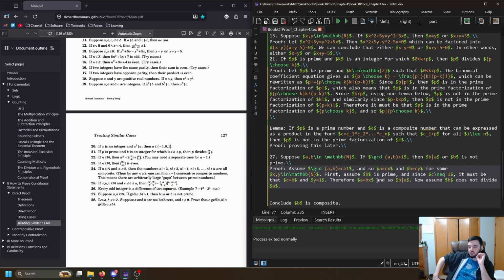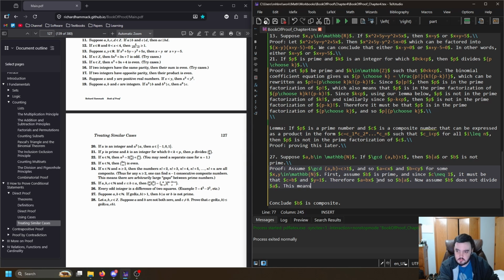We're assuming B does not divide A. What can we draw from that assumption? There's no integer such that A equals B times that integer. It just doesn't divide cleanly. If B does not divide A, okay.